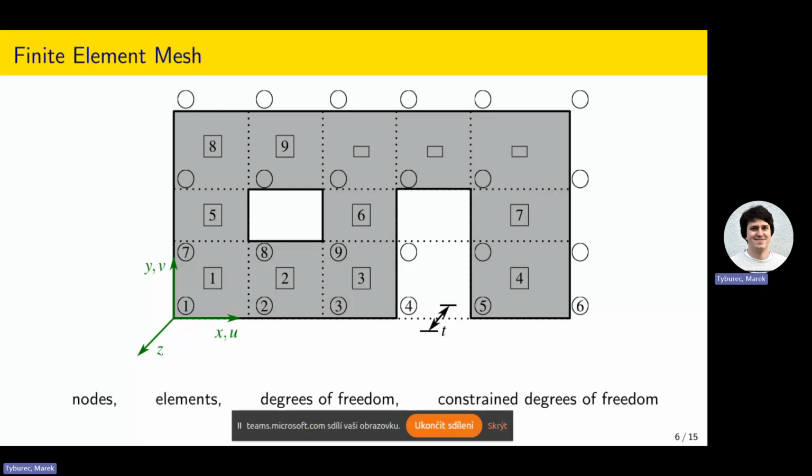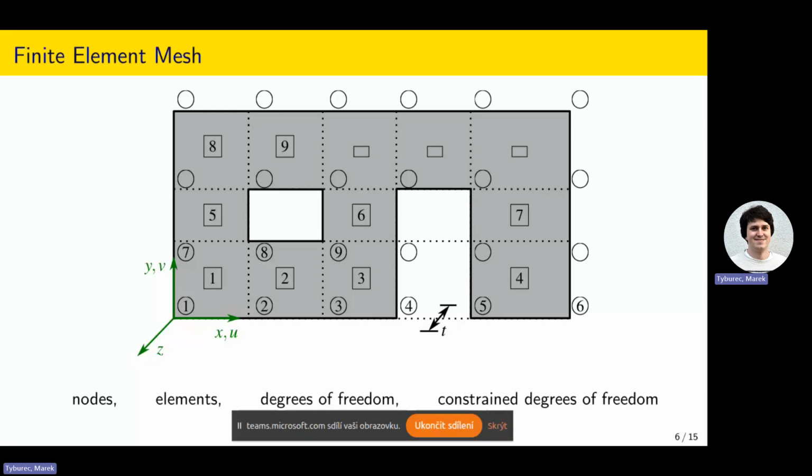And of course, to solve a problem, we also need to define boundary conditions. Essentially, we need to know what are the degrees of freedom and what are the constrained degrees of freedom. We prescribe some kinematic boundary conditions, which are contained in the constrained degrees of freedom part, and then the other nodes can move freely, and those are degrees of freedom.